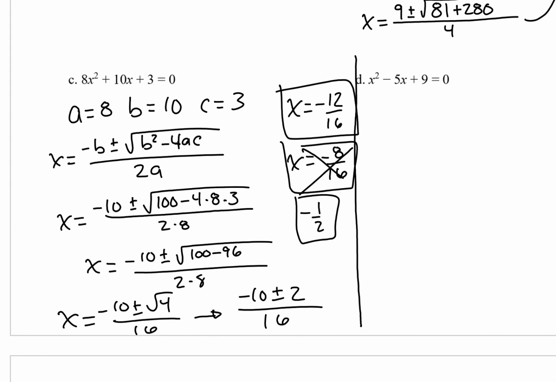Let me cross this one out. And the other value of x, 12 over 16, I know it reduces. Oh yeah, it reduces to 3/4. So x is 3/4.